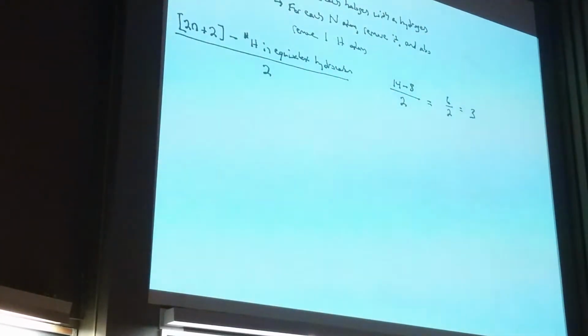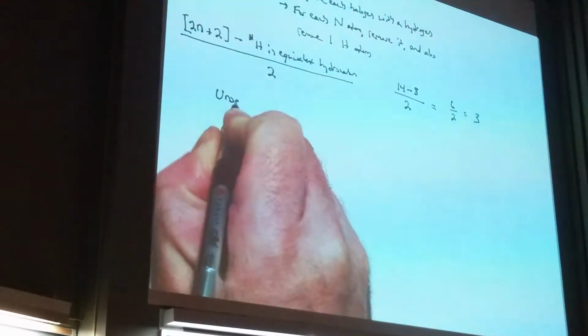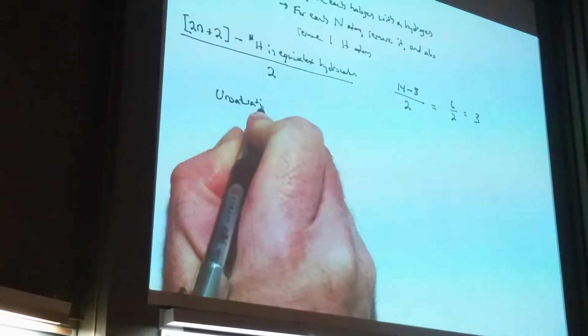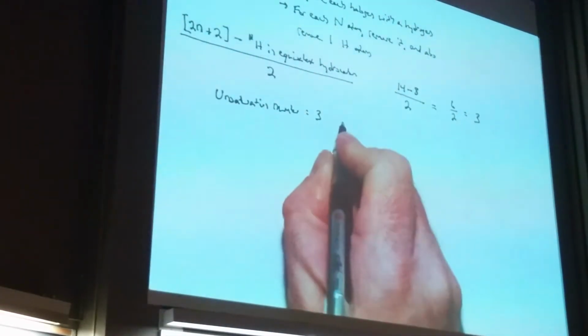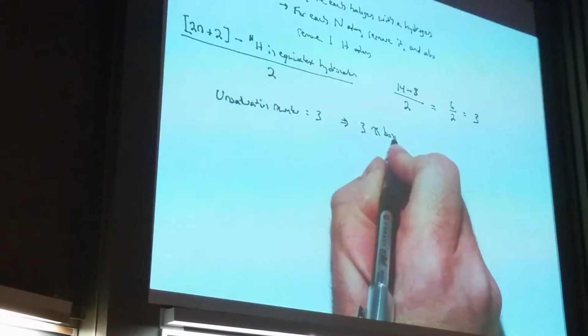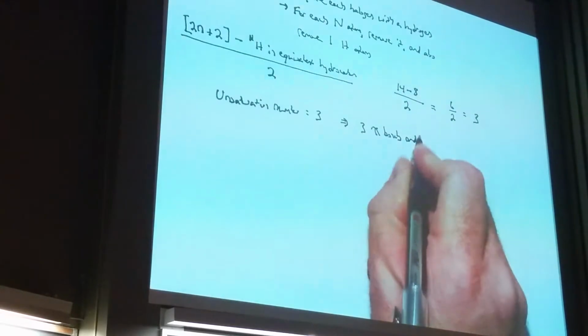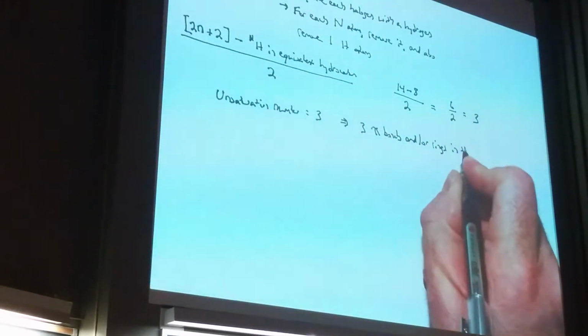Unsaturation number is 3. That means there are 3 pi bonds and or rings in the structure.